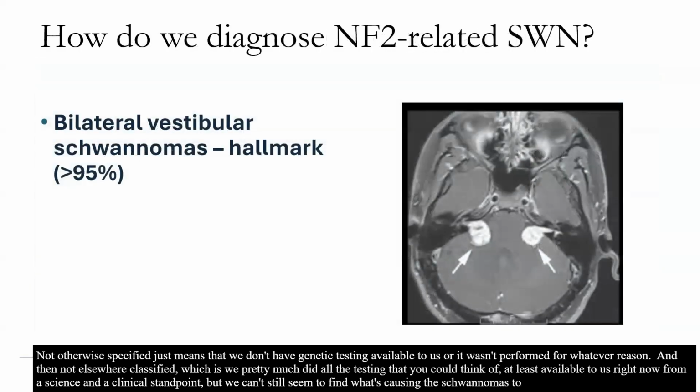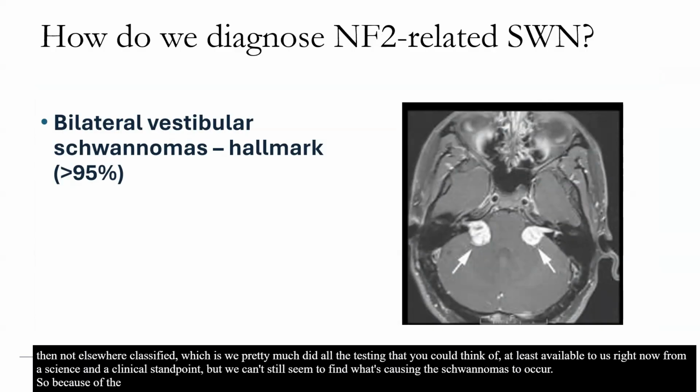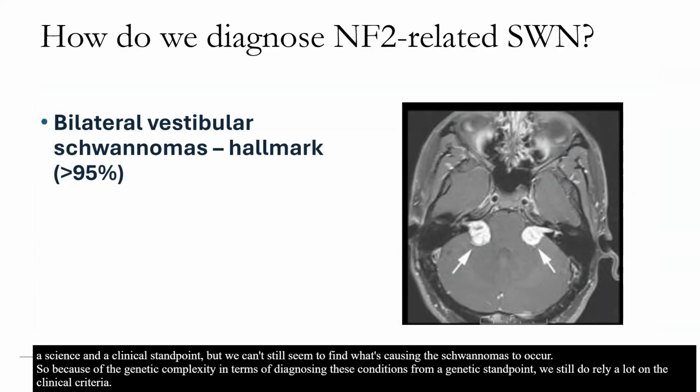All right. Because of the genetic complexity in diagnosing these conditions from a genetic standpoint, we still rely a lot on the clinical criteria. For NF2 related schwannomatosis, as we all know, bilateral vestibular schwannomas are really the hallmark sign. Over 95% of patients will have this finding.